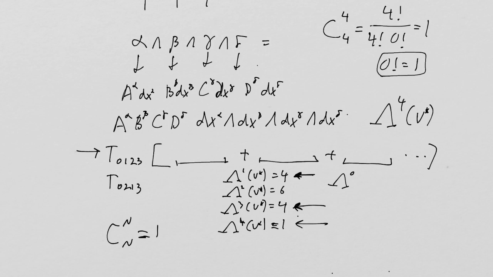It's always going to be true. And that's because this is always true, right? I think the way it goes is C^n_P is always going to equal C^n_{n-P}. And the reason is that this is n factorial over P factorial times (n minus P) factorial.